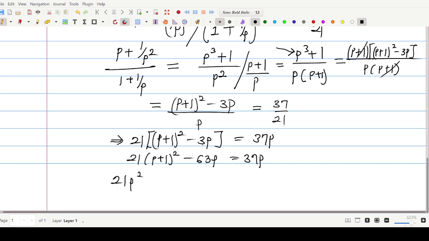So this is a pure quadratic equation, so we have to solve it quadratically. Then this reduces to 21p squared, then we have 42p minus 63p minus 37p. What will that give to us? Let me get my calculator.